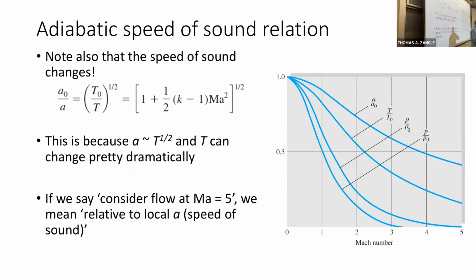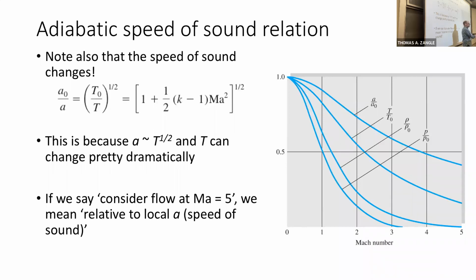But in external flows, if this is an airplane moving through the air, we said we could define an overall Reynolds number based on the velocity and its length scale.